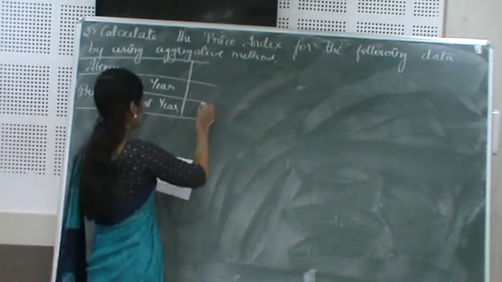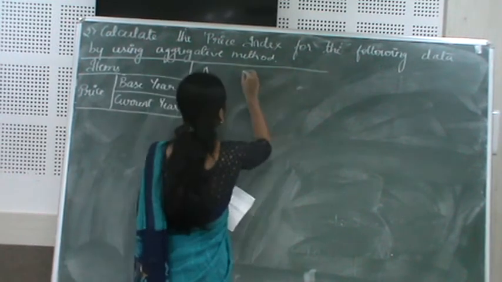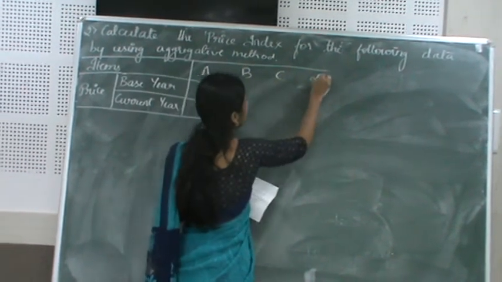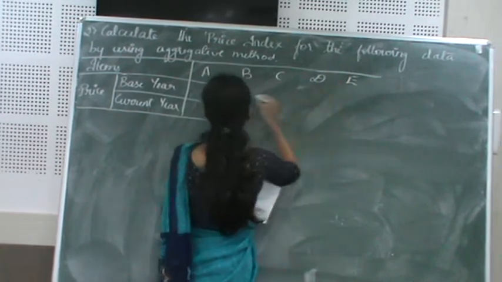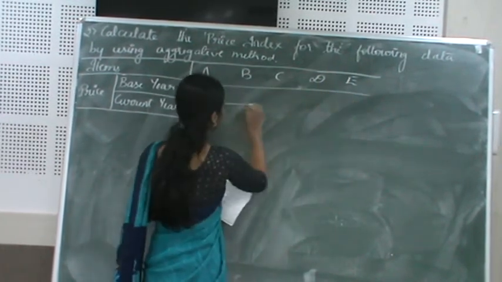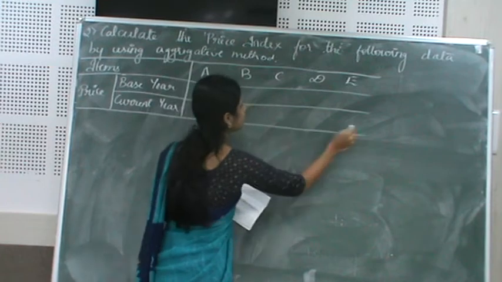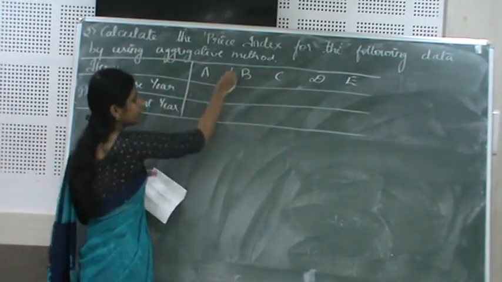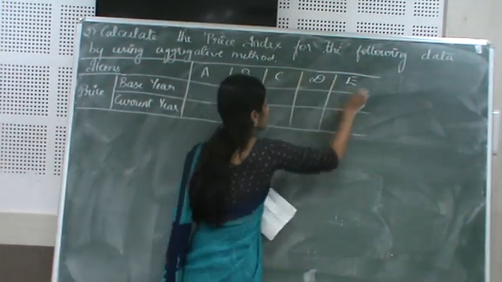So the items are A, B, C, D and E. Five items' prices are given and we are asked to calculate the price index number under simple aggregative method.